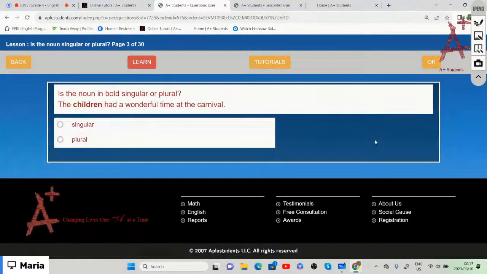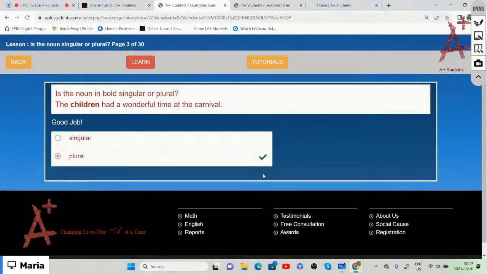So we need to say whether children is singular or plural. Children is plural, right? It refers to more than one child, and child is the singular form.